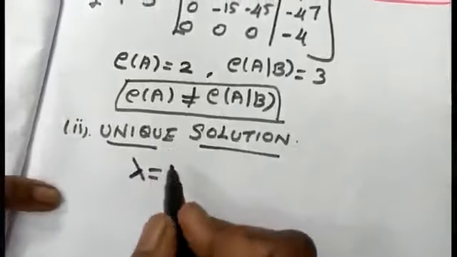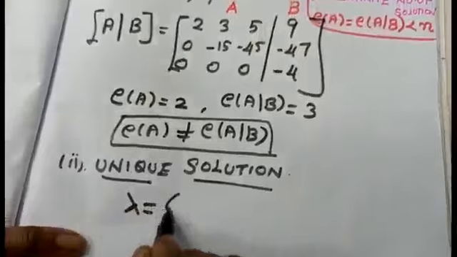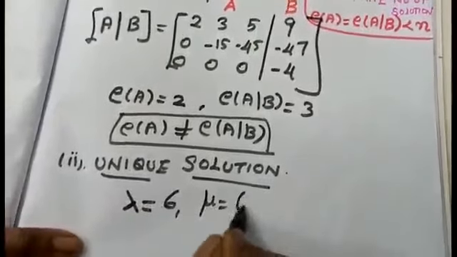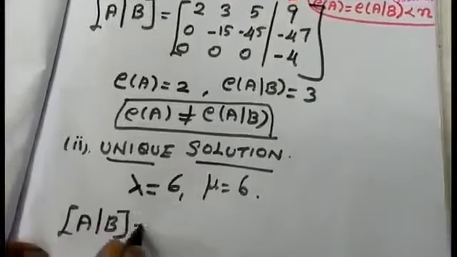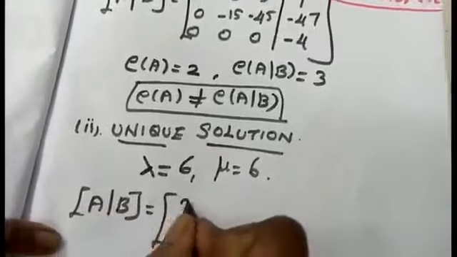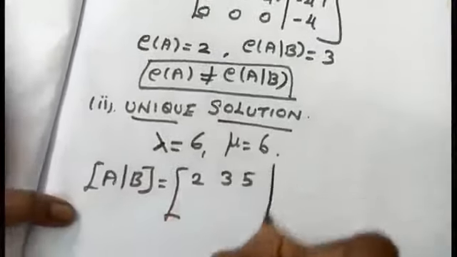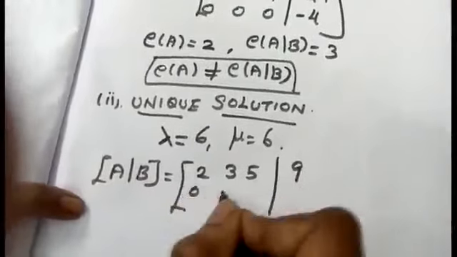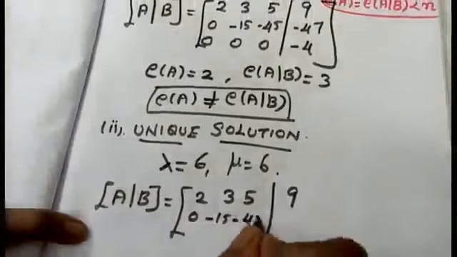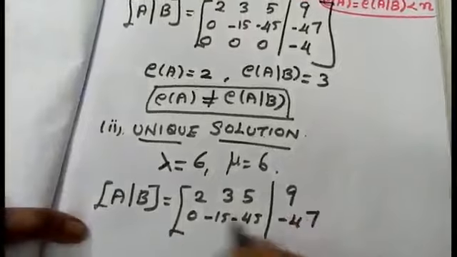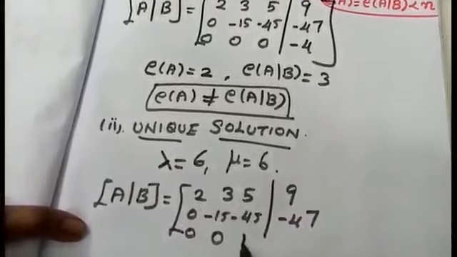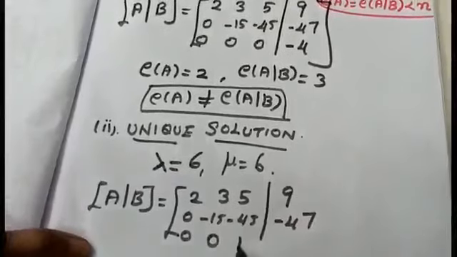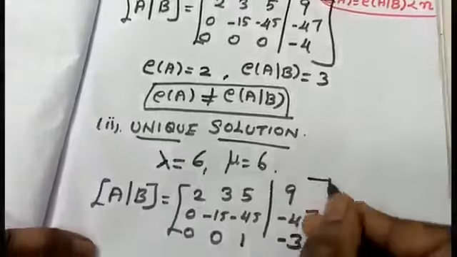So I am going to give lambda 6 and nu 6. You will get the matrix as 2, 3, 5, 9, 0, minus 15, minus 45, minus 47, 0, 0, 1, and the last value as minus 3.